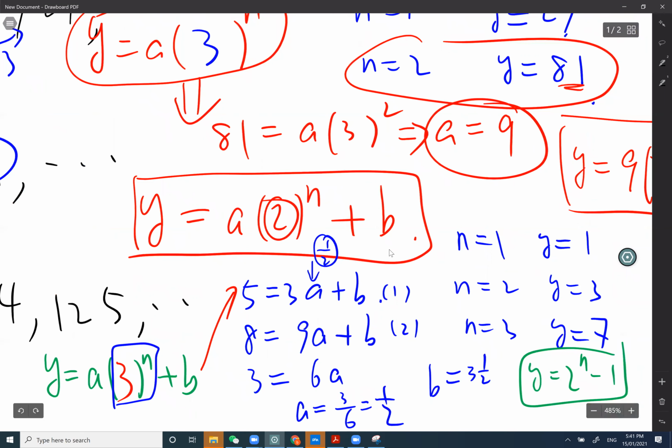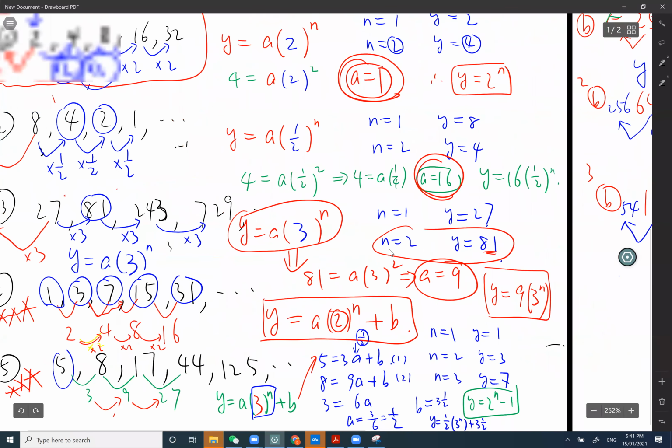So this formula is a bit annoying. Let's double check this formula. Y equals half times 3 to the n, plus 3.5. Who got this? Let's check if this formula is correct. For example, you just substitute a value into it.